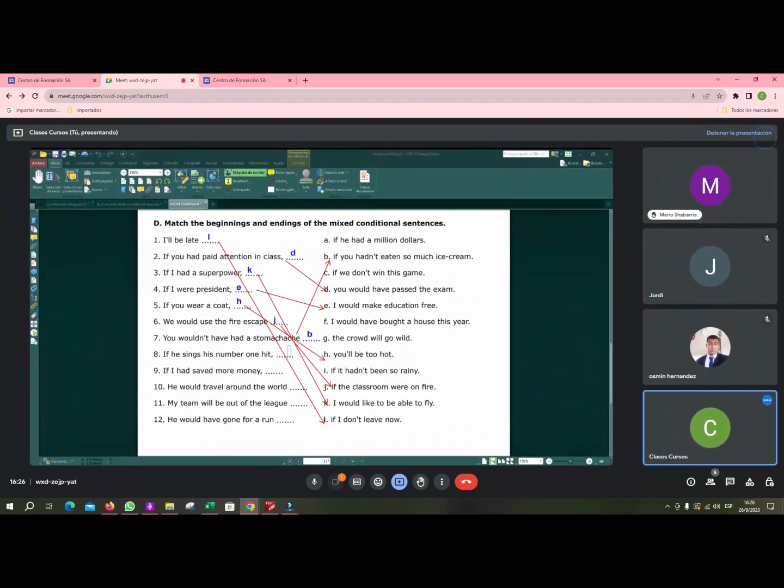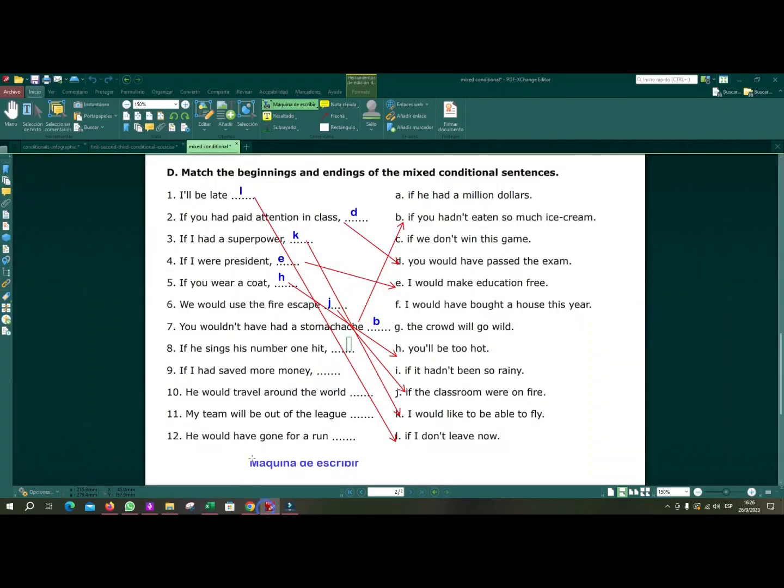Letter A? If he had $1 million, no, Mr. Mario. So that will be letter G, right? If he sings his number 1 hit, the crowd will go wild, right? You know, the crowd, like multitud, right? Will go wild. Nice. Letter F. Yes.